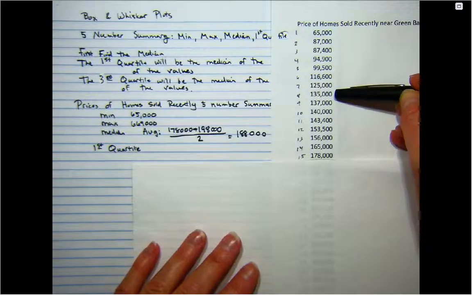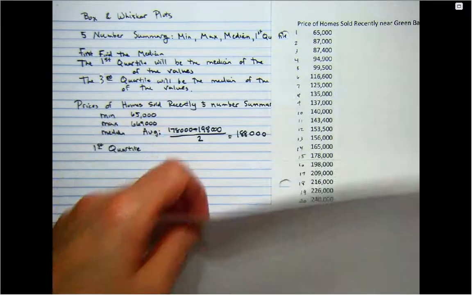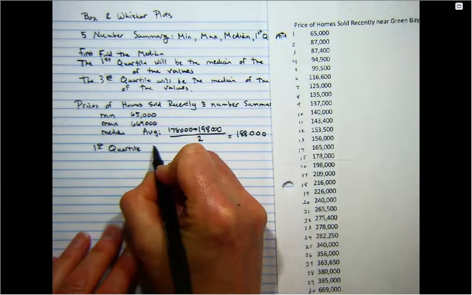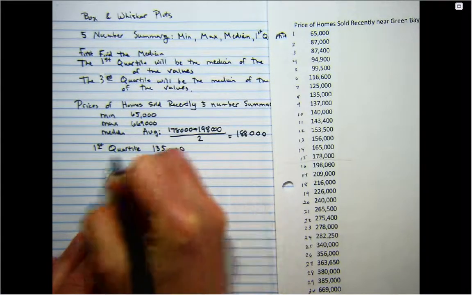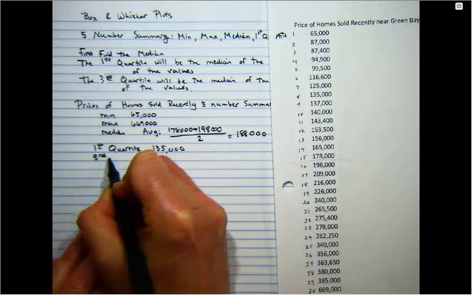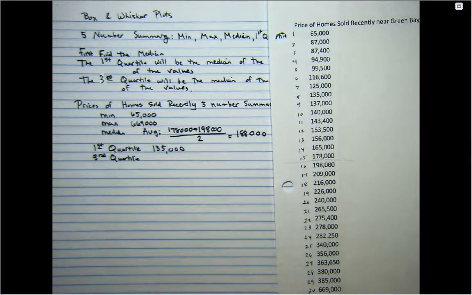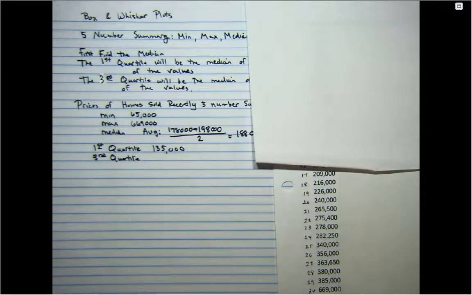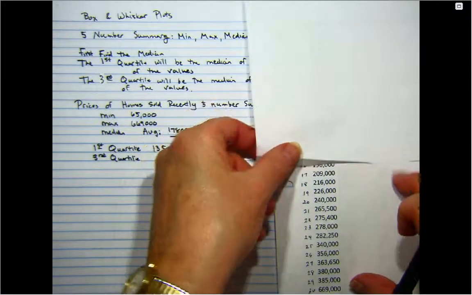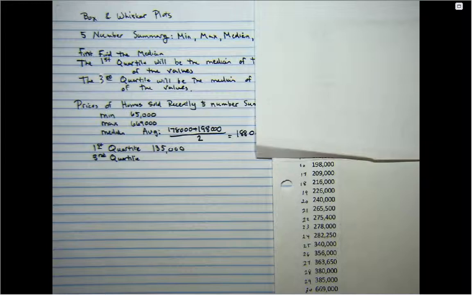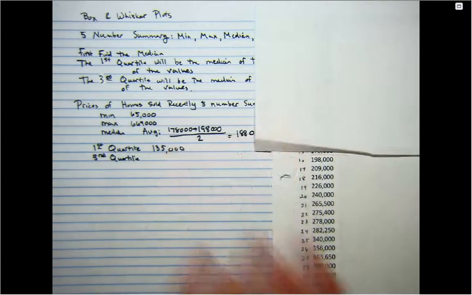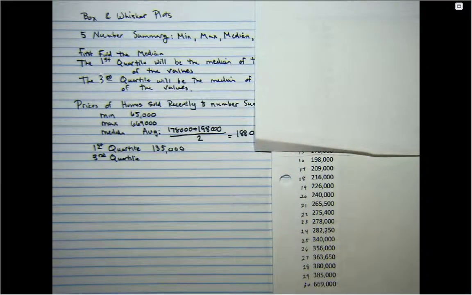There's 7 numbers above that, labeled 1 through 7, and there's 7 other numbers labeled 8 through 15. So 135,000. Now for the 3rd quartile, we ignore the ones labeled 1 through 15 and find the median of those labeled 16 through 30. 278.